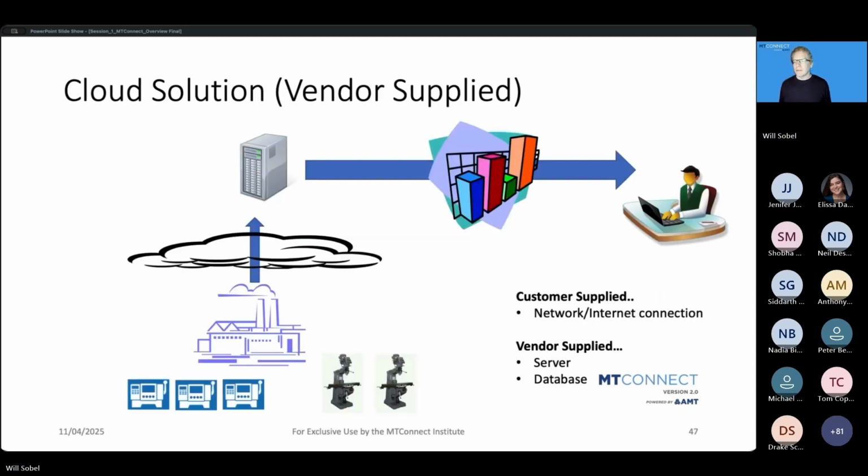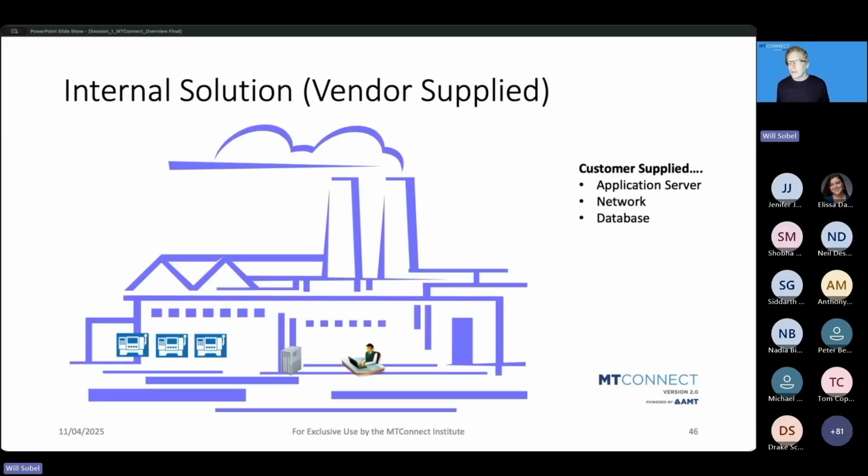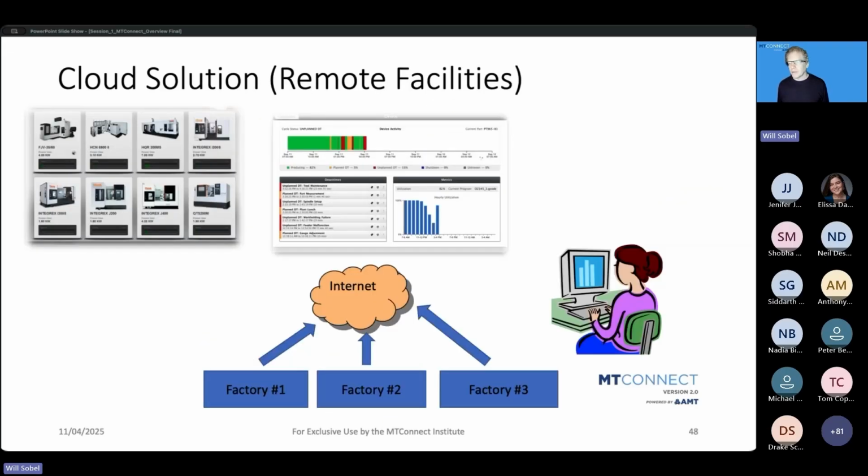Through economies of scale, you can sometimes get a different cost structure on an internal solution versus a vendor supplied solution versus a remote solution, because in these types of things they're combining a whole bunch of customers into the same application infrastructure.